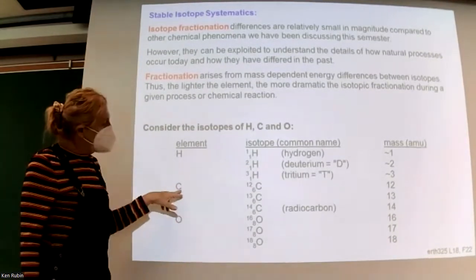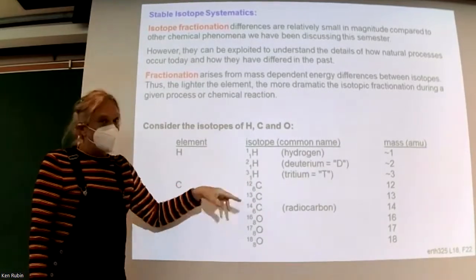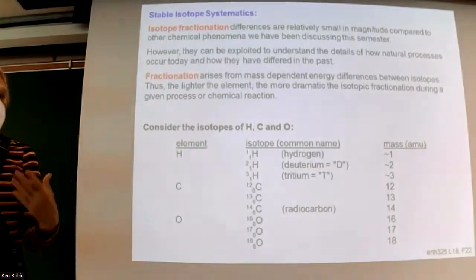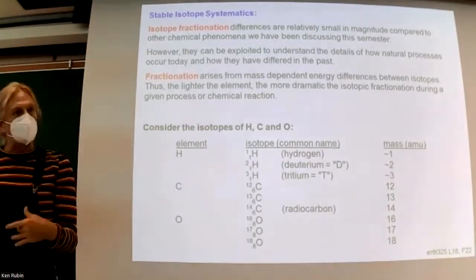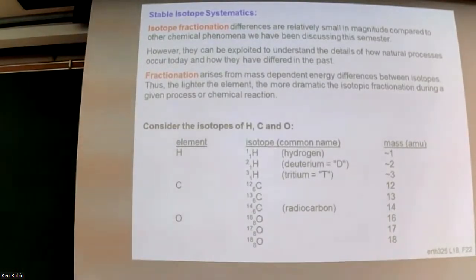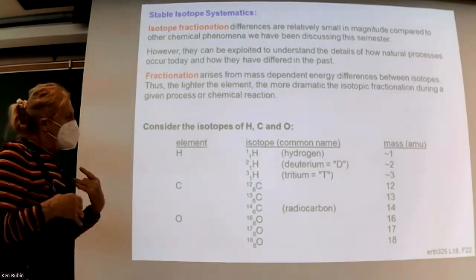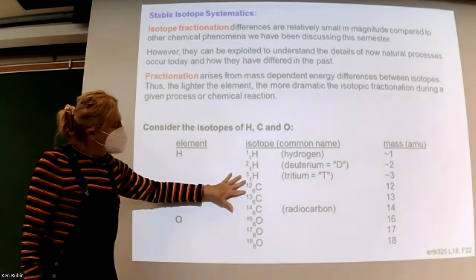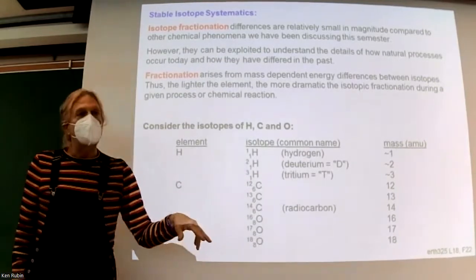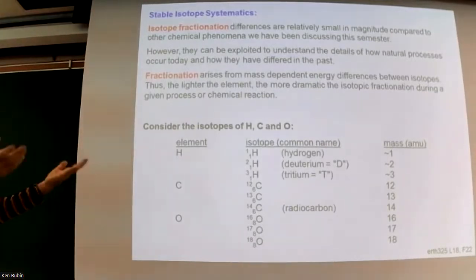For carbon, there are also three isotopes. Two of them are stable, carbon 12 and carbon 13. There's a third one, carbon 14, which you've all heard of, which is also radioactive, produced in the upper atmosphere. For this discussion, we're also going to ignore that. But everything that we're going to talk about with respect to carbon 12, carbon 13 fractionation applies when you're doing radiocarbon dating. When that material gets formed, there's a fractionation of 14 from 12, and we have to account for it.